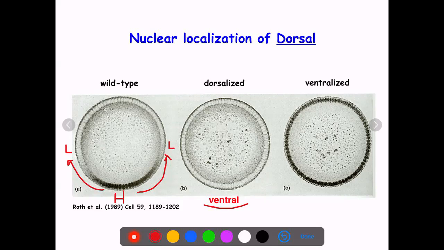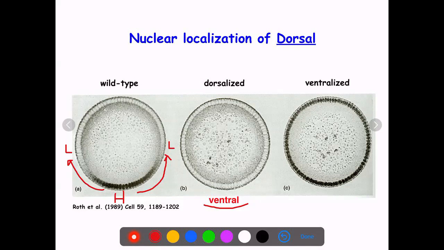On the dorsal side, there is no dorsal protein, it's not going to be translocated. You might want to check with the last slide. So they're all going to be a target of degradation, and it will just disappear in the cytoplasm. So when they are dorsalized, it means that the dorsal protein is not there. That's why they are all dorsalized.